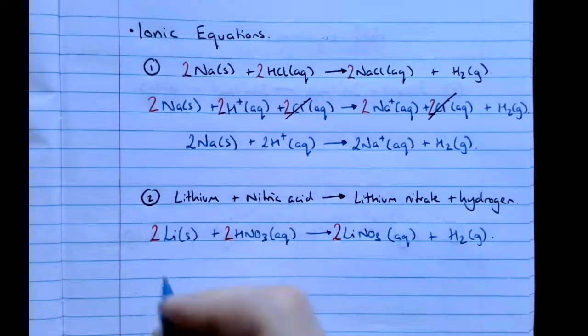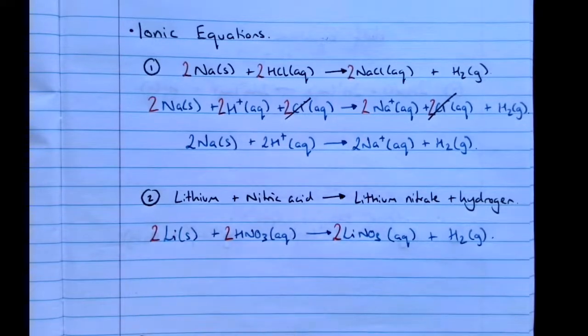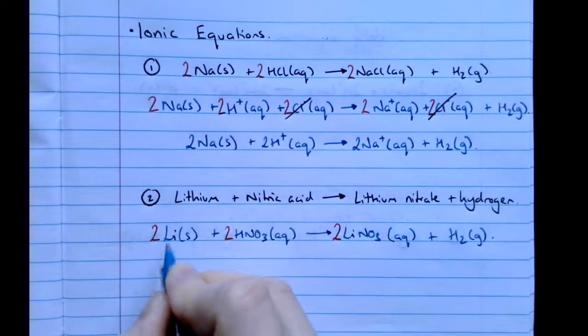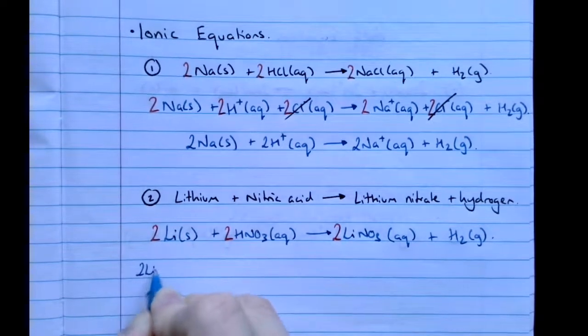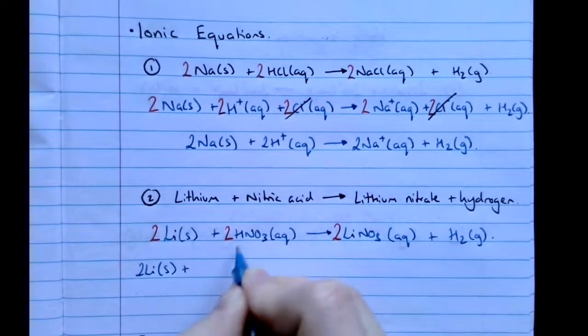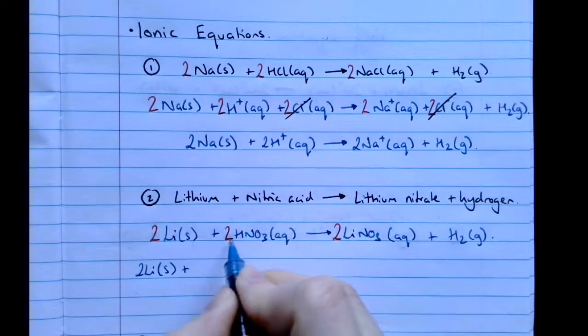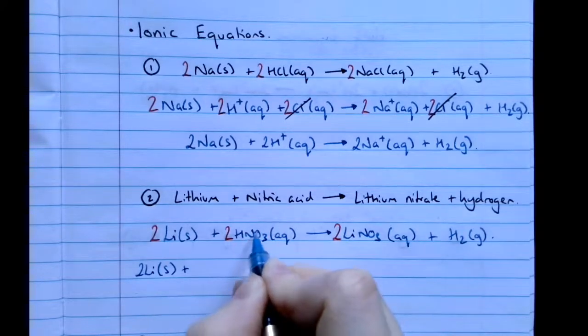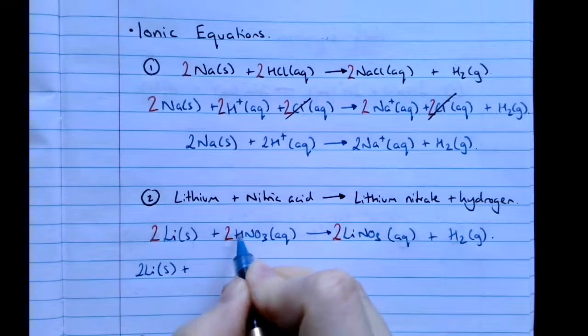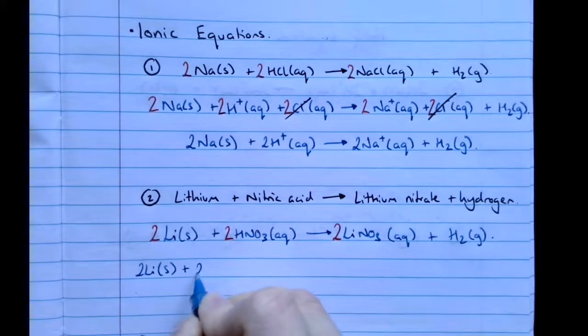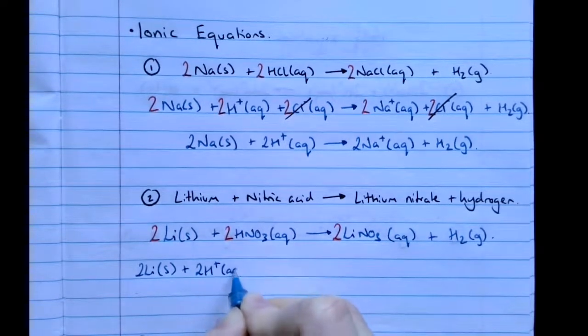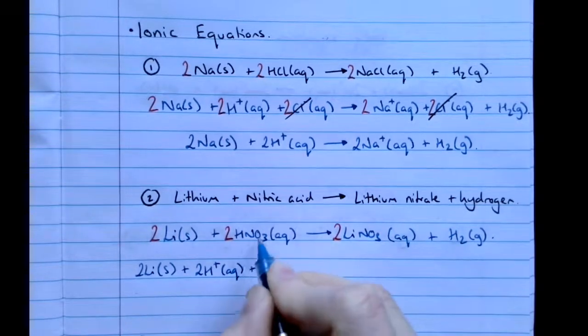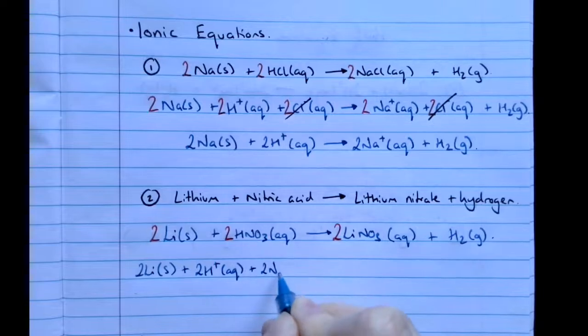So all I need to do now is separate it into the ions where possible. Lithium just stays as lithium, so that's 2Li solid. Now this will separate into ions. Each nitric acid will produce 1 hydrogen plus ion, but I've got 2 of them, so it's 2H plus, again 2NO3 minus.